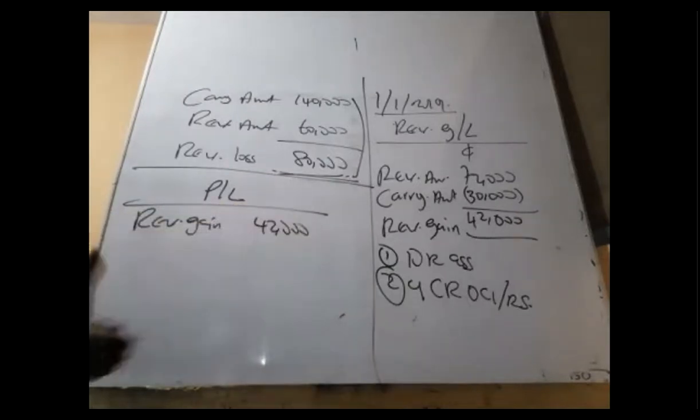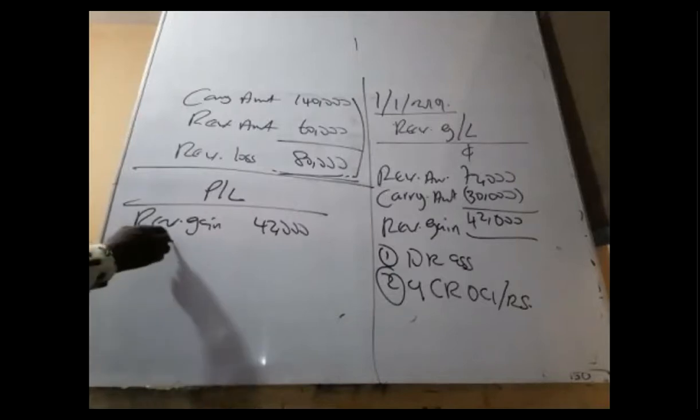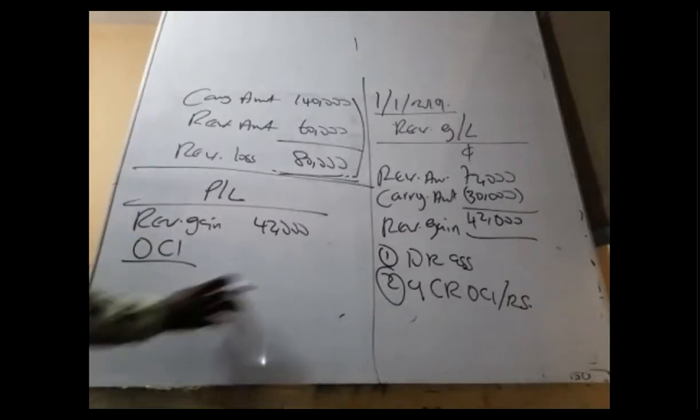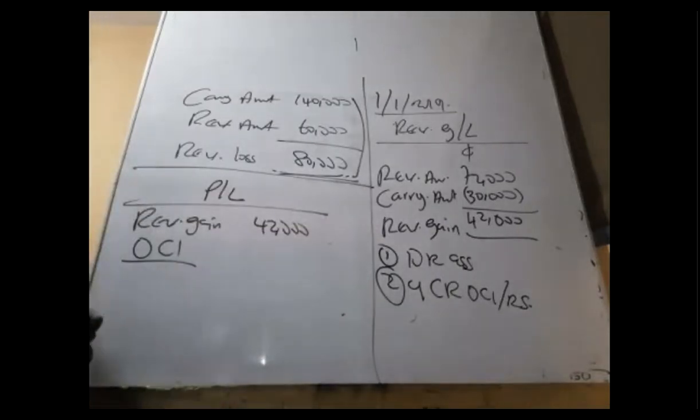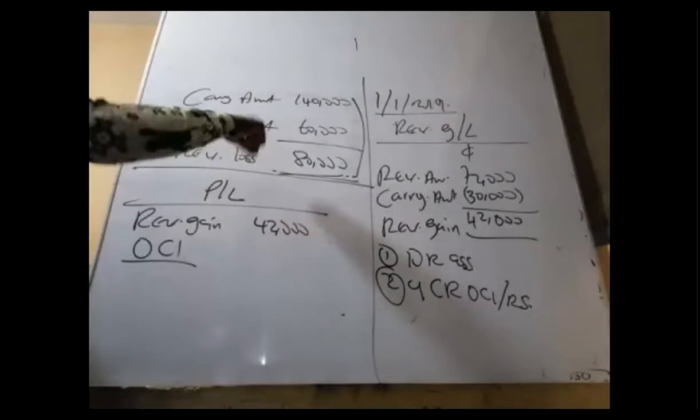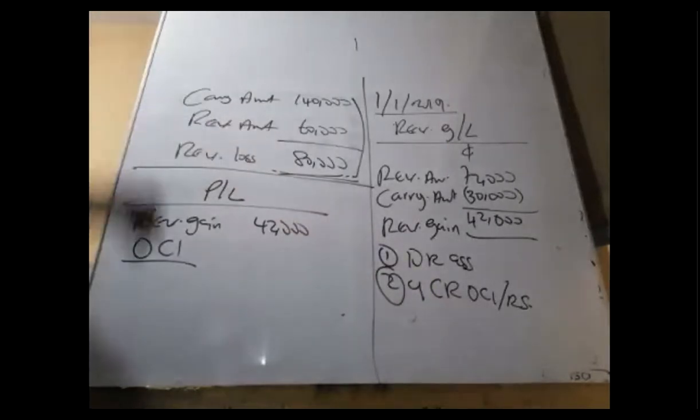In fact, I'm reversing it. Nothing goes to the OCI. Why? Because all the gain have been used to offset the loss. We still even have 80,000 of the loss. So the next time when we have any gain, we offset it.